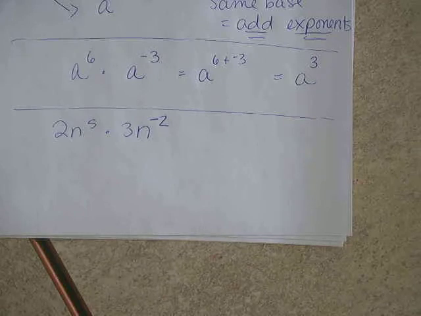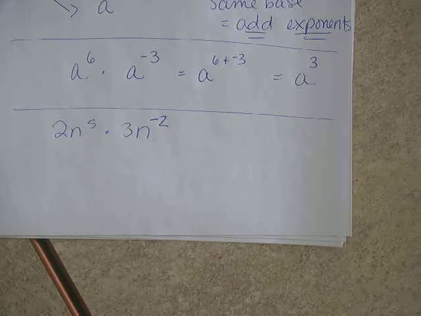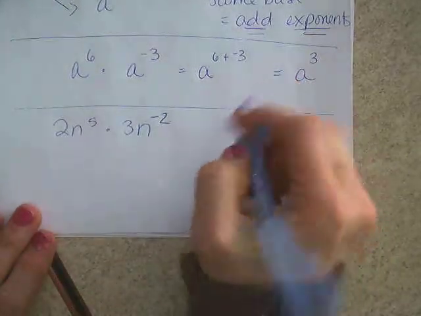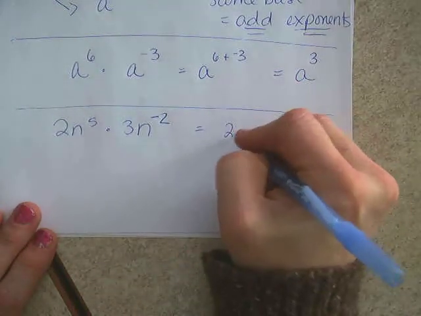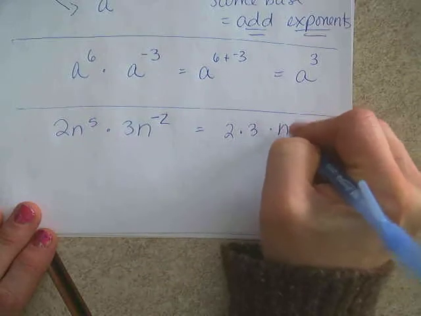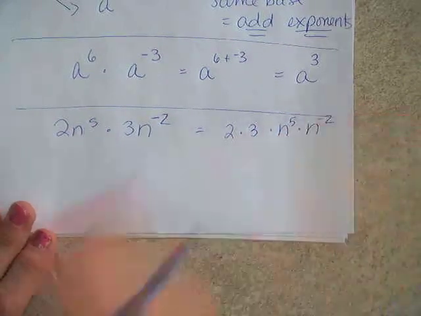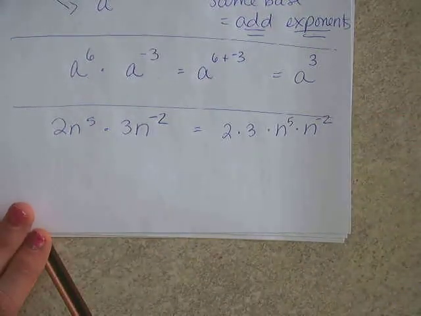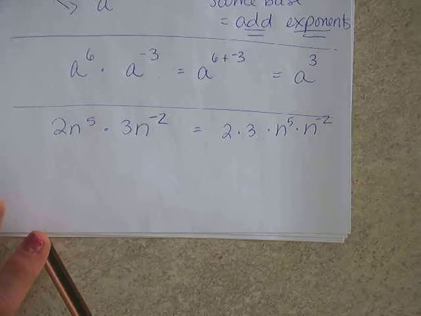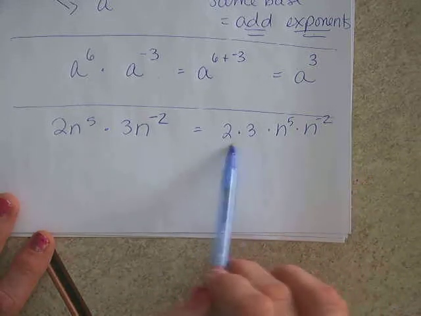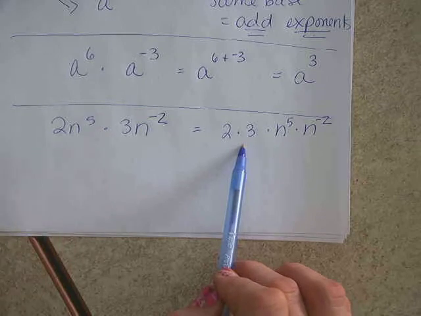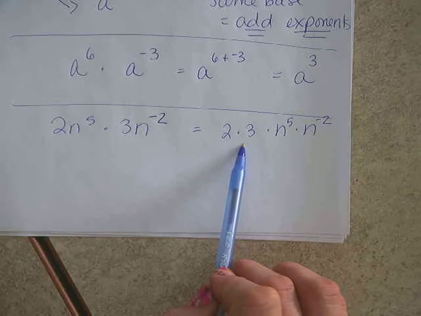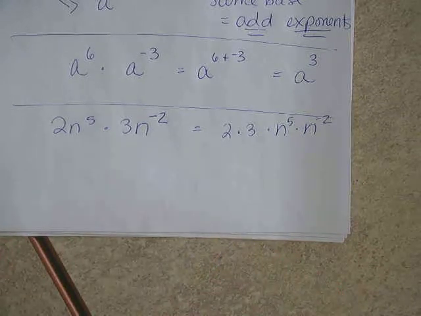Thank you. All right. With something like this, because multiplication is commutative, you can reorder and group however you want to. We would say this is no different than 2 times 3 times n to the 5th times n to the negative 2. So you'd put the like bases together. Now, these are not like bases, but you can multiply 2 times 3.